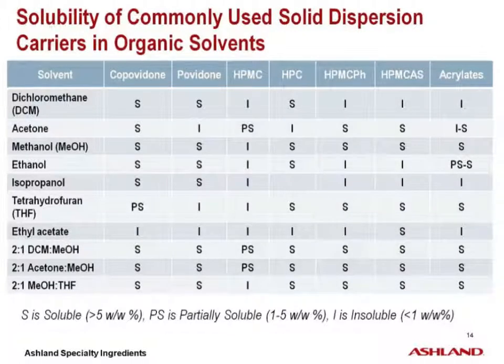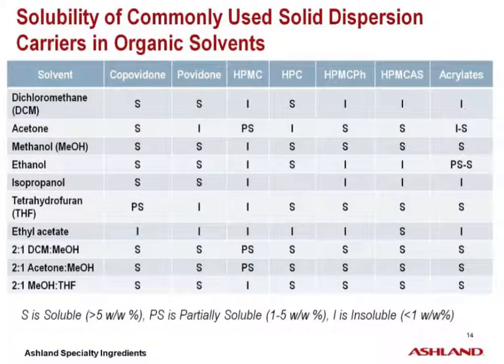For a polymer with good solubility in different kinds of organic solvents, it will be much easier to find a common solvent with a poorly soluble API. In addition, good solubility in organic solvents allows the feeding solution to have higher solid concentration, which can enhance the throughput of spray drying. One example of such a good solubility polymer is Copovidone.